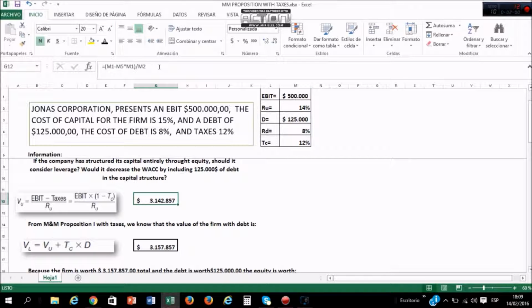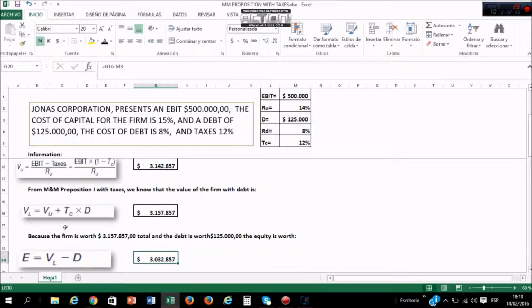So we have EBIT, that is $500,000, times one minus the taxes, divided by the RU, that is 14%. The result is $3,142,857.